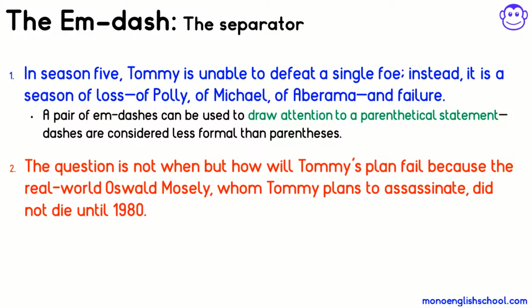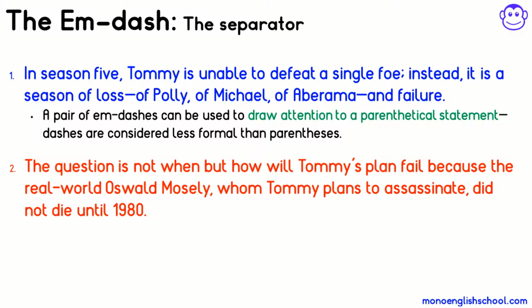Number 2. The question is not will, but how will Tommy's plan fail, because the real-world Oswald Mosley, who Tommy plans to assassinate, did not die until 1980. Again, this is a grammatical sentence with acceptable punctuation. Here, however, I have used commas to mark out the non-essential adjective clause, who Tommy plans to assassinate.